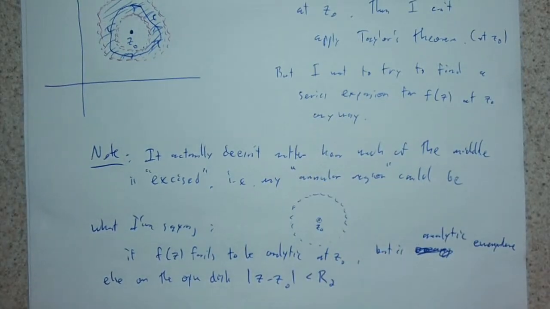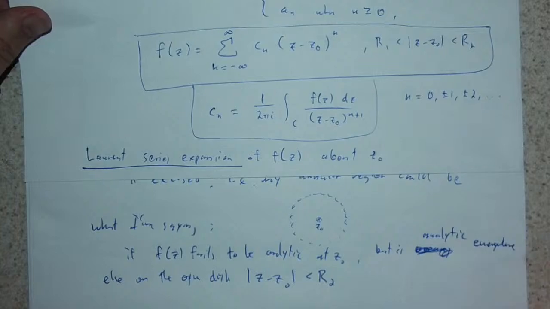I think we used r sub 1 and r sub 2 in our statement of Laurent's theorem. Yep, just to make sure, that's exactly what we did.